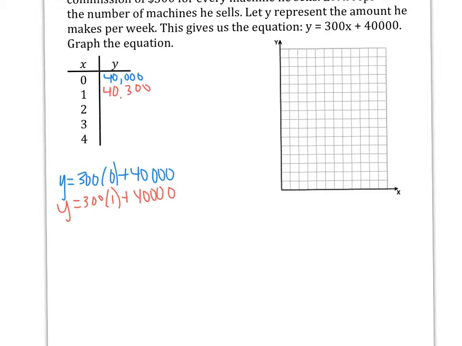Okay, I'll plug in 2. So y equals 300 times 2 plus 40,000. And this will give me 600 plus 40,000, which is 40,600. And then I'll plug in 3.